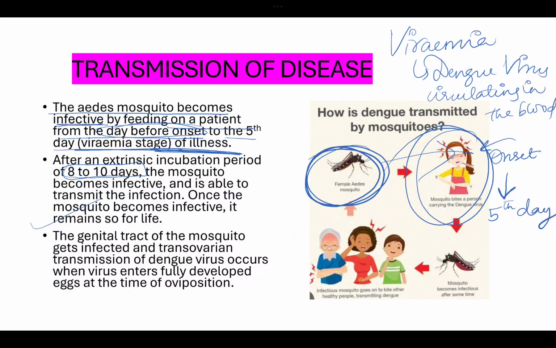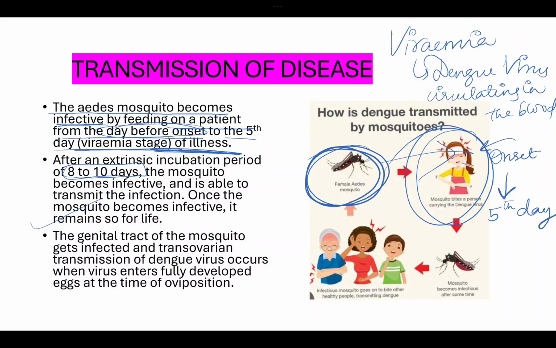Is it clear? So, what happens from a day before illness to the fifth day of the illness? During this period, the patients are very much infective. When the Aedes mosquito bites during this period, it sucks the blood containing the dengue virus, and this virus enters the mosquito's gut. The mosquito will become infective, but not immediately.